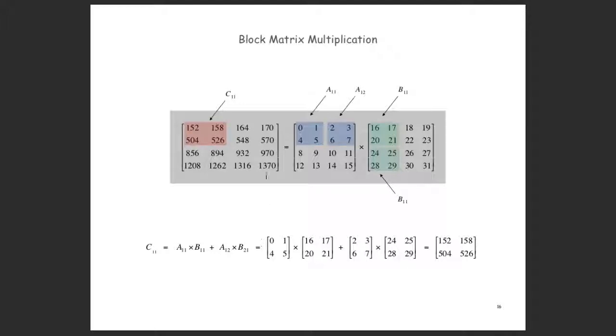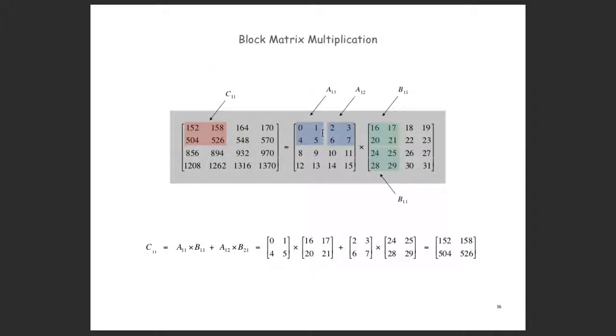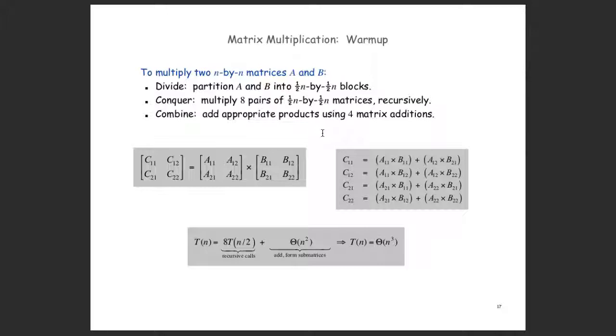So we get two blocks that are half the size. We are dividing our square by half, and then our addition is like this. Our addition is order of n squared. So we could partition A and B into half n by half n blocks, multiply those things and then add them up.